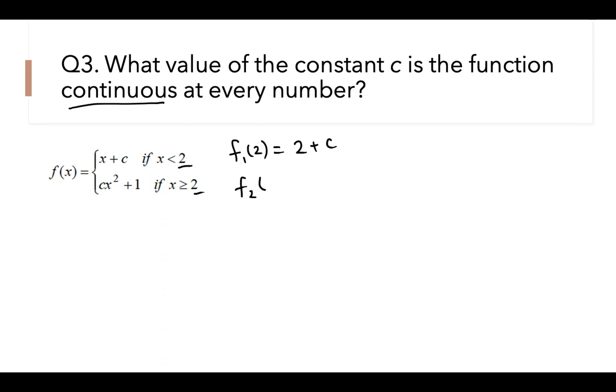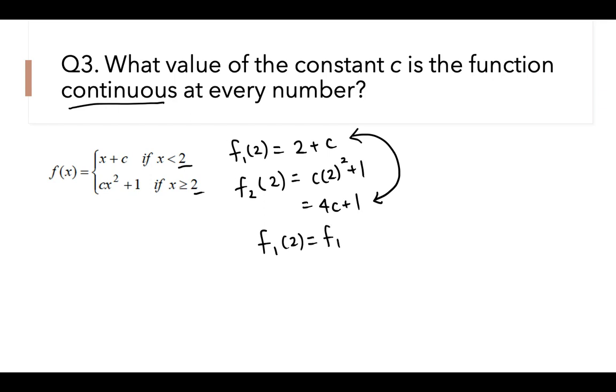And for the second formula, plug in 2, and it's going to be c times 2 squared plus 1, which is 4c plus 1. In order to be continuous, they have to share the same y value. So I'm going to say f1 of 2 is equal to f2 of 2.